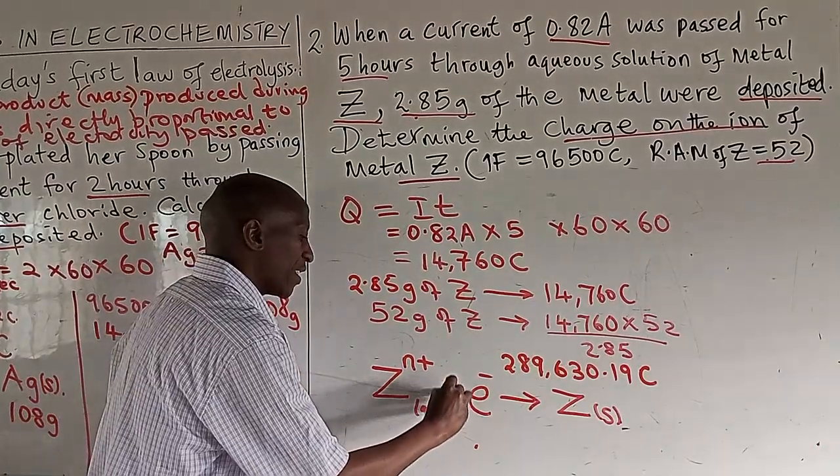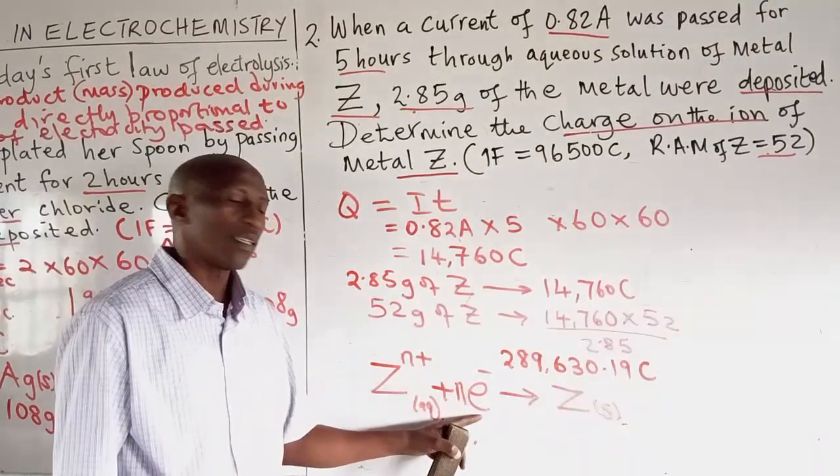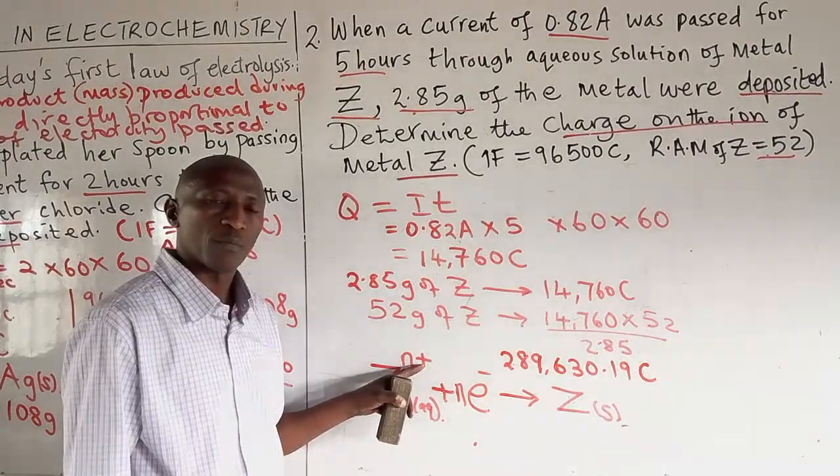So this will definitely be n in number because the negative and the positive charge cancel out.